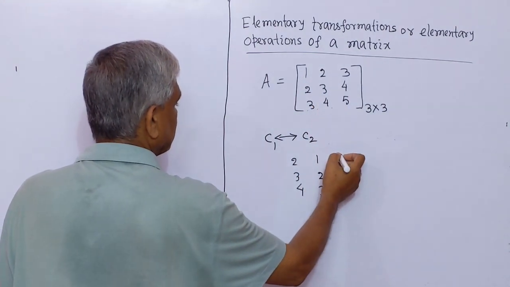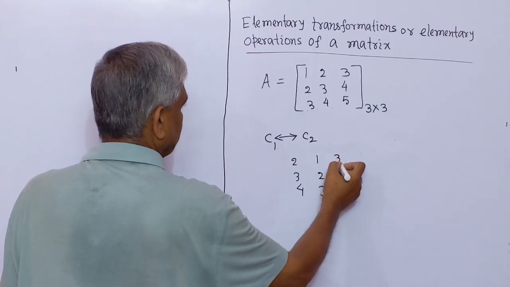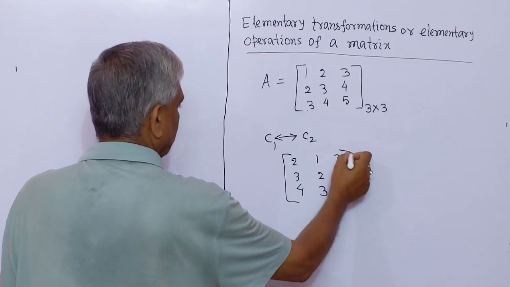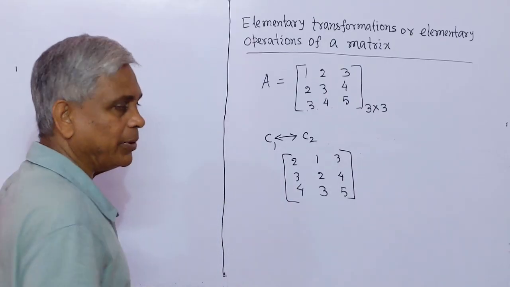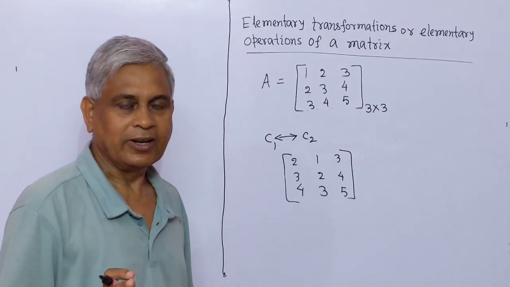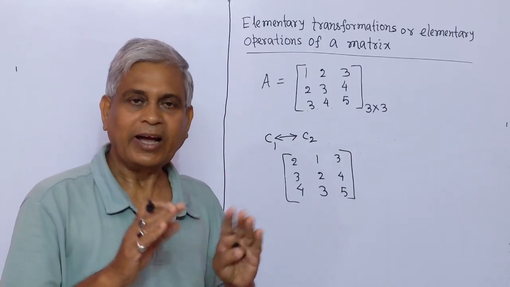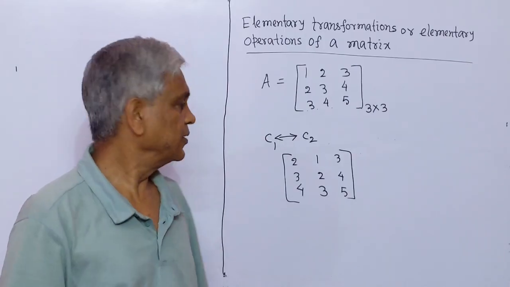The third column remains in the same position, 3, 4, 5. This is the first kind of transformation, meaning mutual exchange of two rows or two columns.